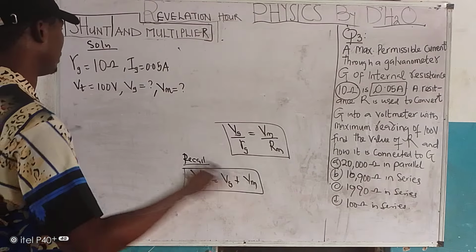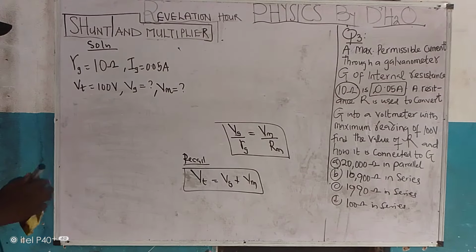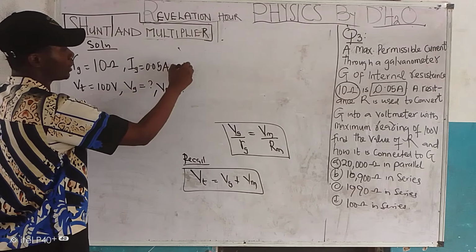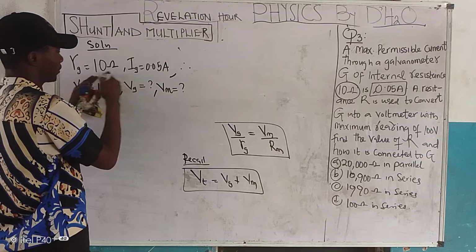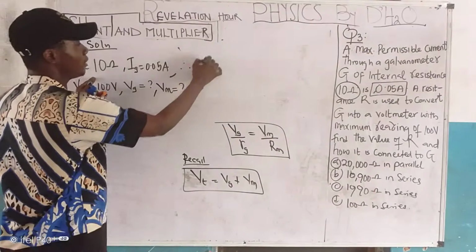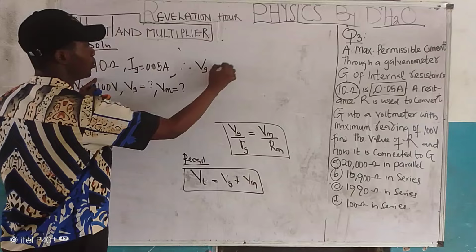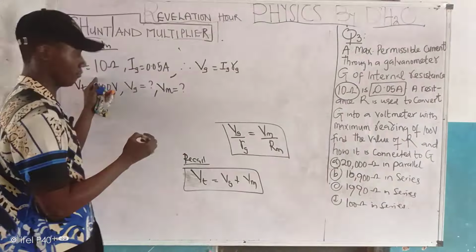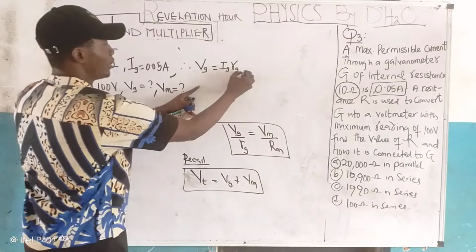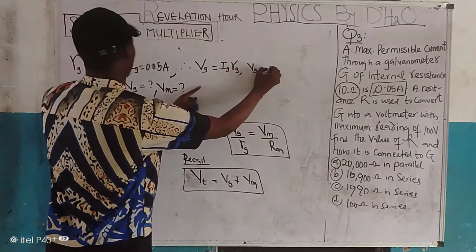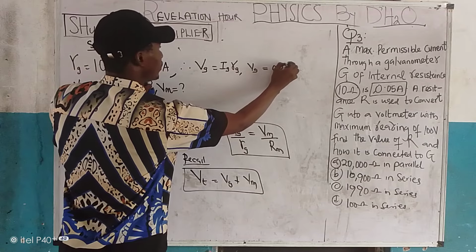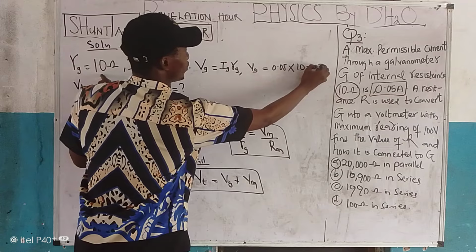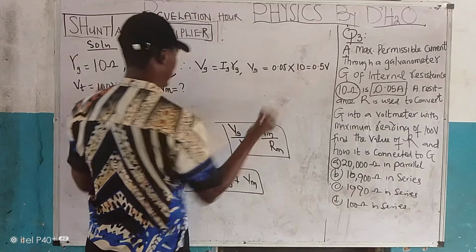That is very easy. Why did I say so? Please watch this very well. Do you know that voltage is equal to current times your resistance? I can get voltage in the galvanometer by doing Ig times Rg. So the voltage in the galvanometer will be 0.05 times your 10, and that will give us 0.5 volts.